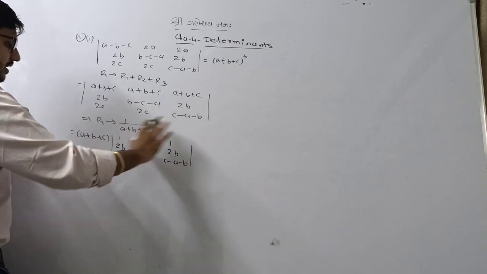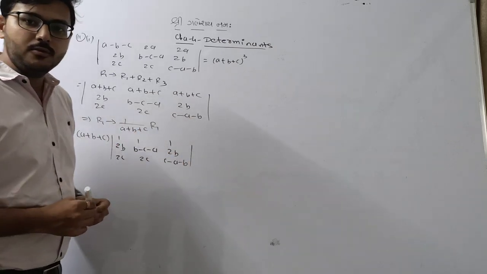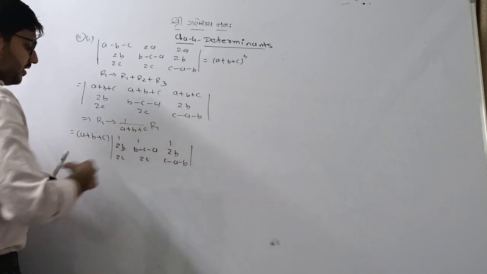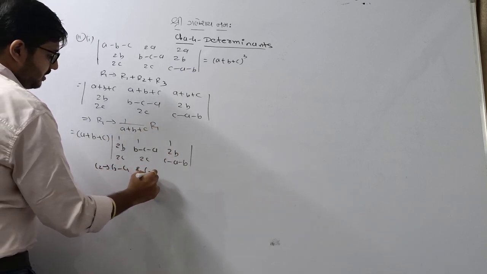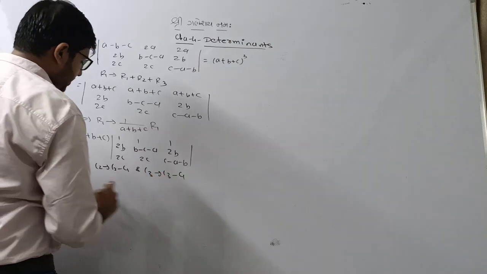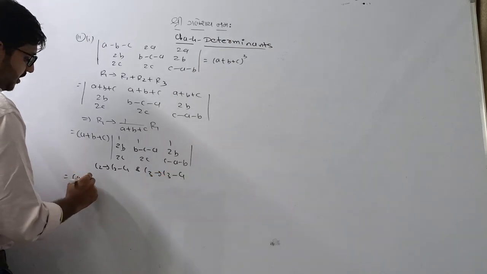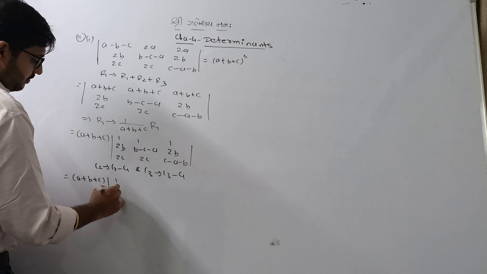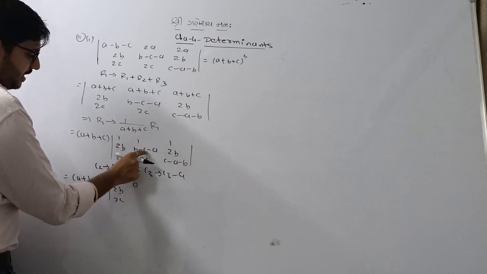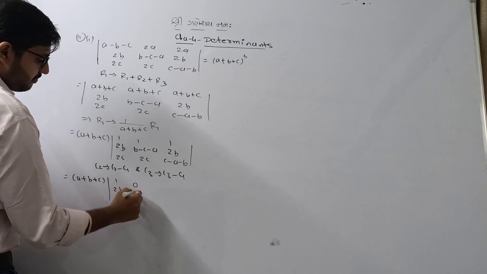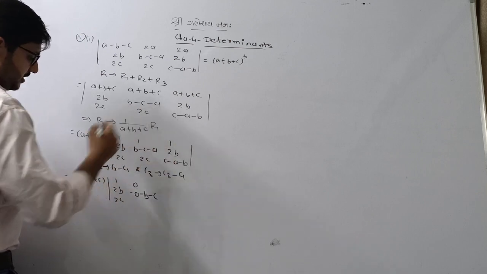Now it's very familiar to all of you: once we get 1 1 1, what will we do? We'll do C2 to C2 minus C1 and C3 to C3 minus C1. So we'll get a plus b plus c, 1, 2b, 2c, 0. Now just check, b minus c minus a minus 2b, so we'll get minus a minus b minus c.